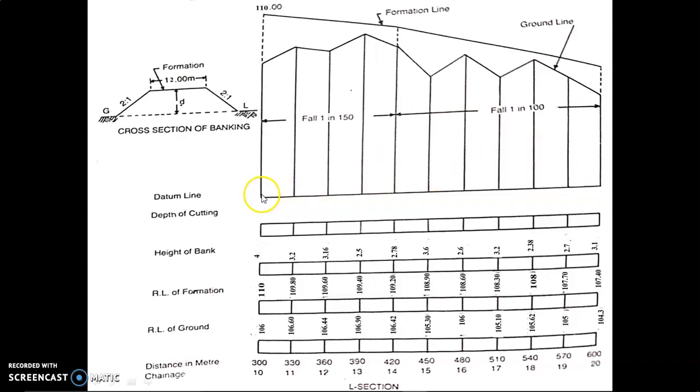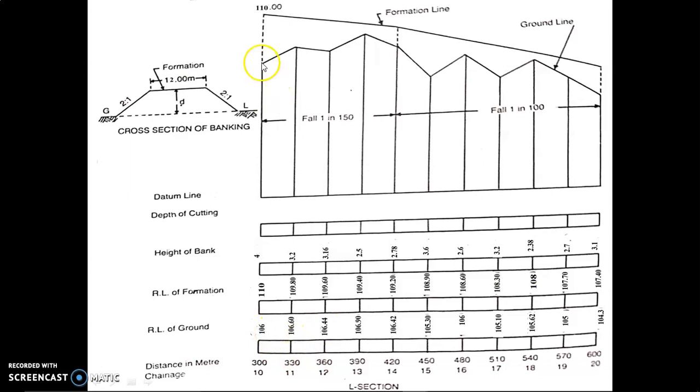Here the ground level is 106 and the chainage 10 formation level is 110. So the difference between ground level and formation level is the height of the embankment. So these are the heights of the embankments.